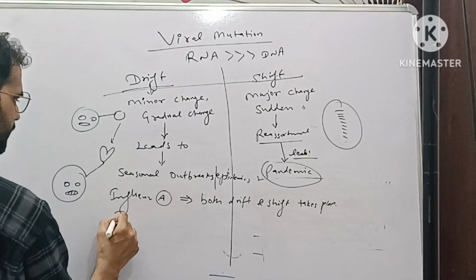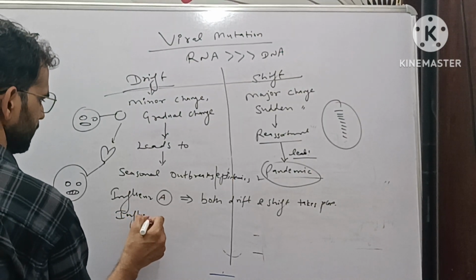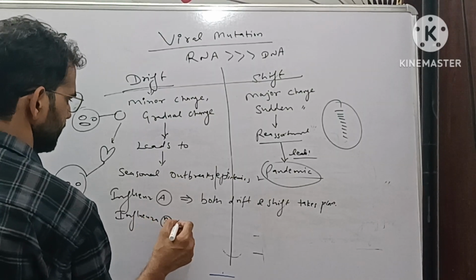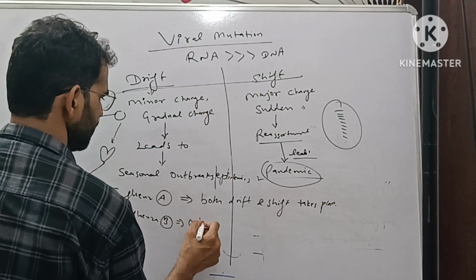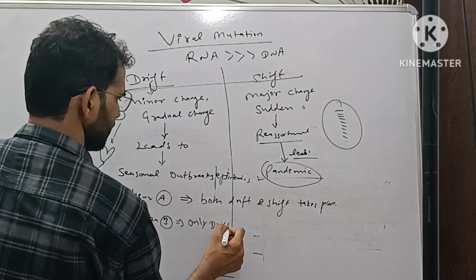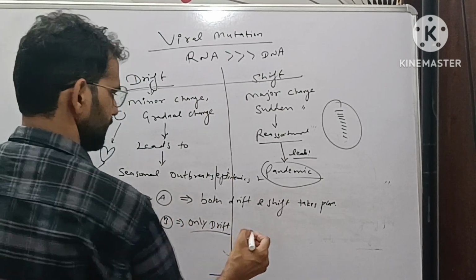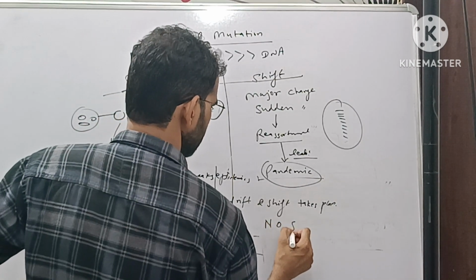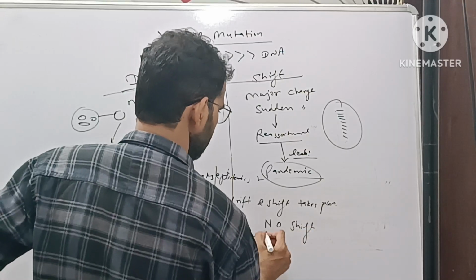But in case of influenza type B, only drift occurs. There is no shift.